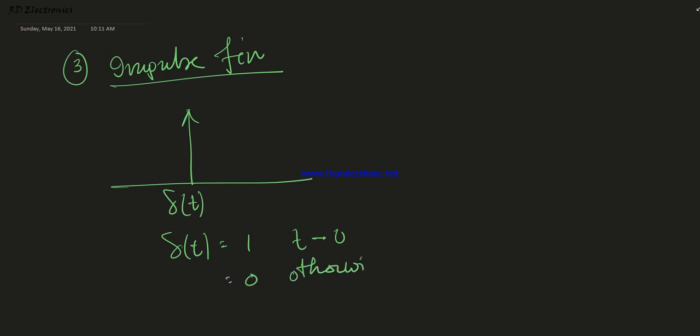That means other than t equal to 0, no other value is represented in the time domain. So this is plus infinity and this is minus infinity. Okay, this is called the impulse function, or also known as the delta function.